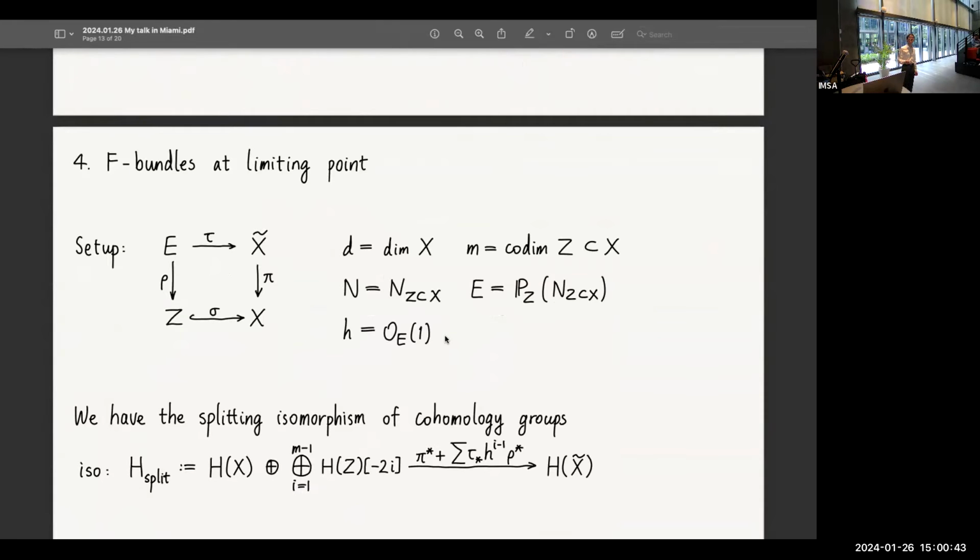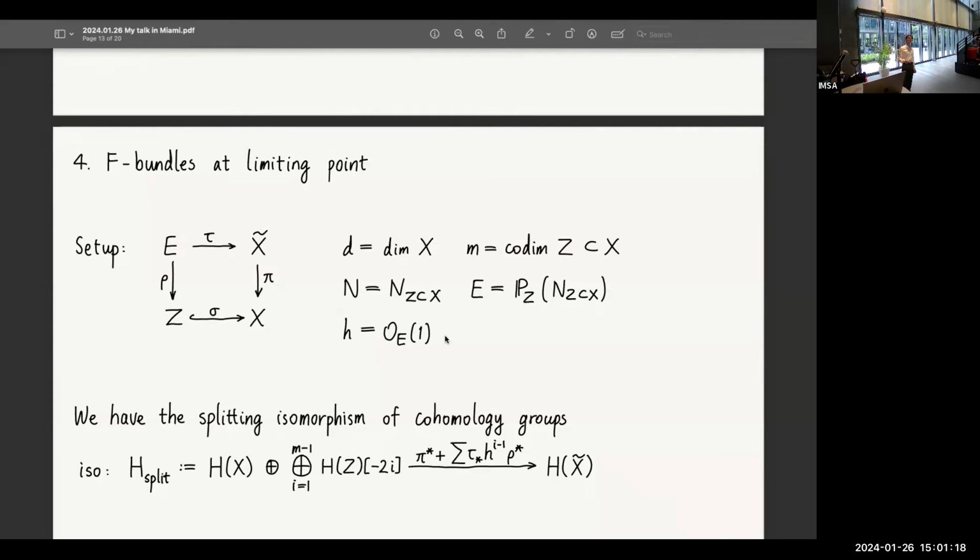We have X smooth projective and Z a smooth closed subvariety embedded in X. And we take the blow-up X tilde mapping to X, and E is our exceptional divisor. Let D be the dimension of X, let M be the codimension of Z, and N the normal bundle. H is O(1) for E.